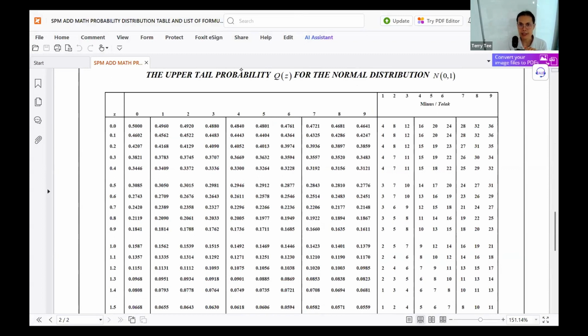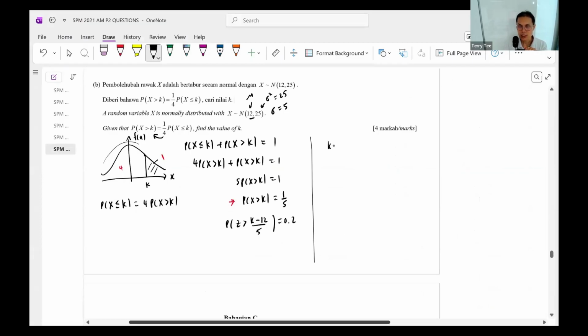Okay, you got to slowly find. 0.2 is here. Pick the value slightly more, 0.2005. I must subtract 5 from the last digit. Move across, move up. What do you see? 0.842. Okay, let me show you here. So we know your (k minus 12) over 5 is 0.842.